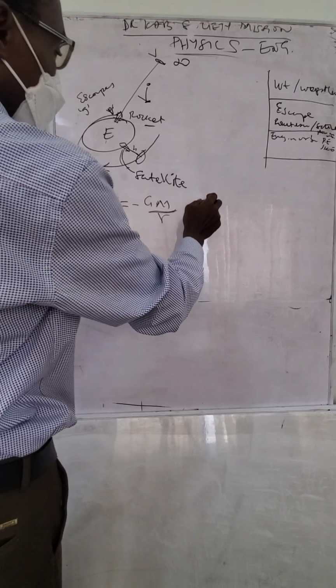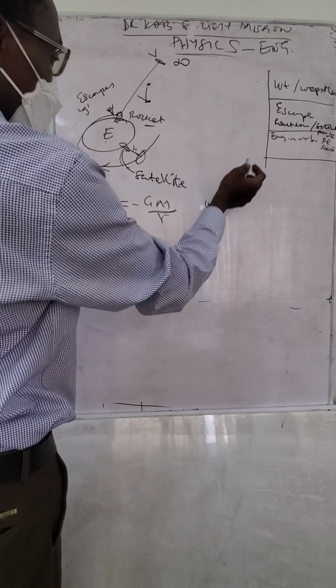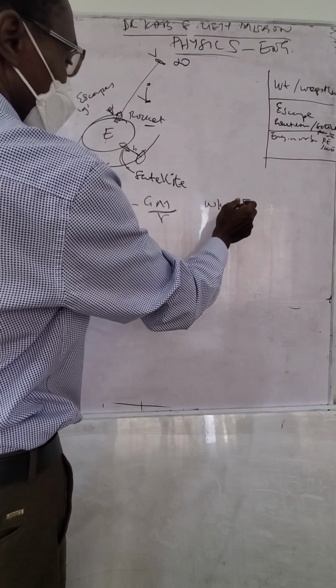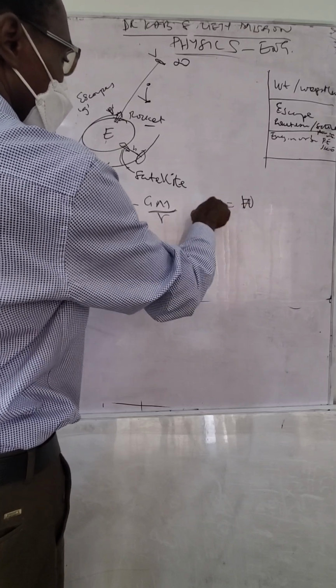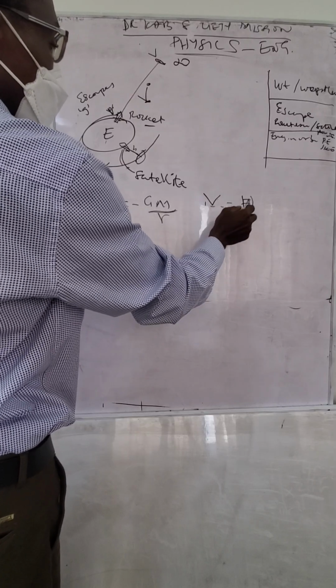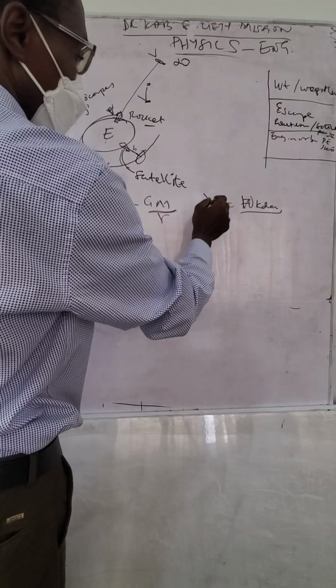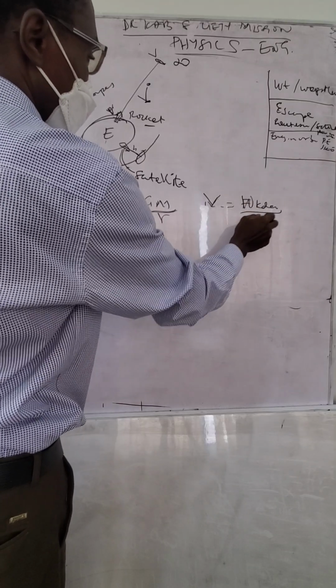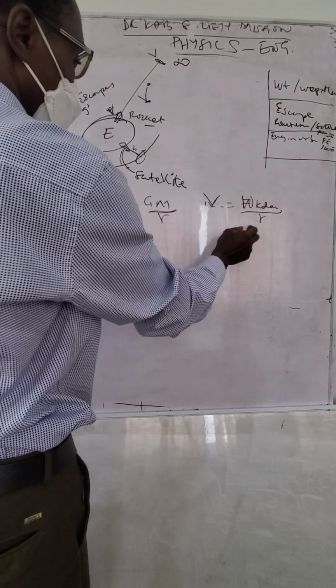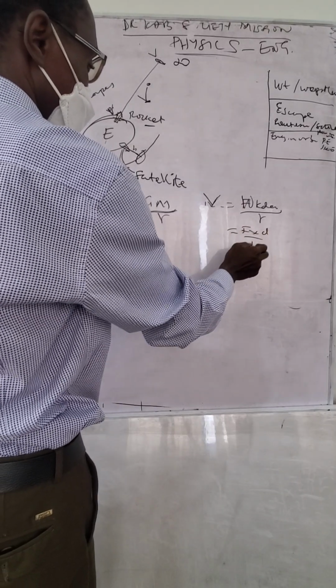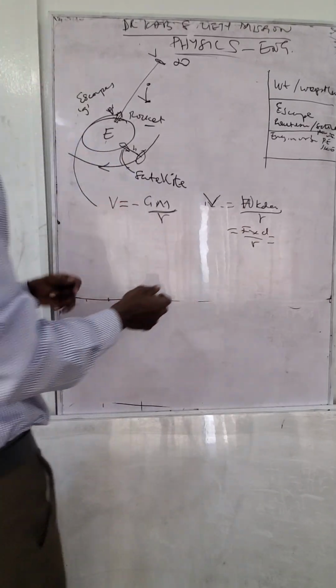This is because we know potential is equal to work done over distance. Now work done is force times distance. So we can easily deduce it. I'm just trying to derive it.